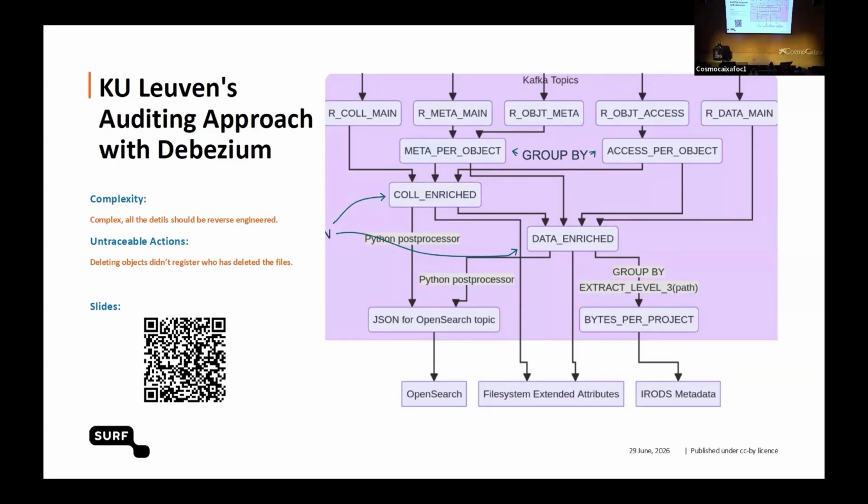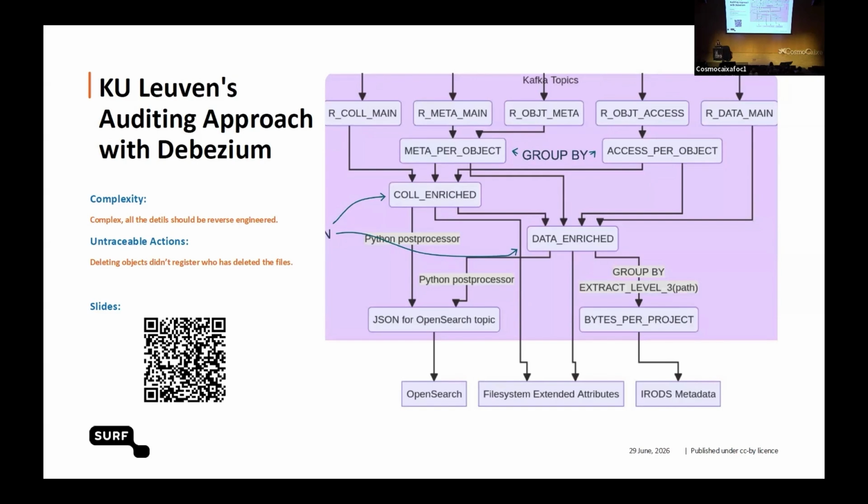So what happens is that you have a message that says there has been a change in a database. Based on these changes, you need to reverse engineer what the action was that happened to the data. That is a very complex procedure.